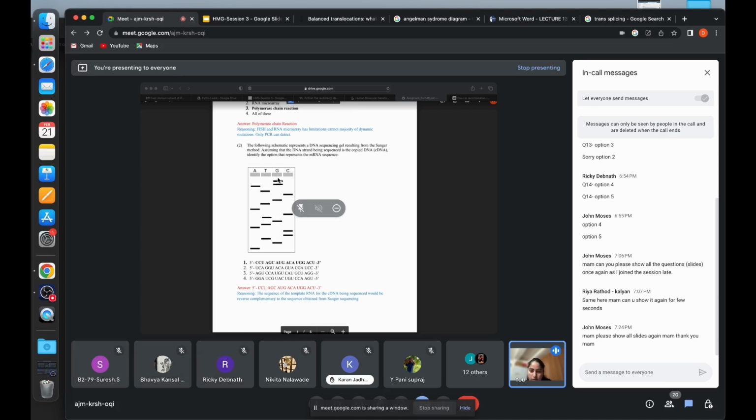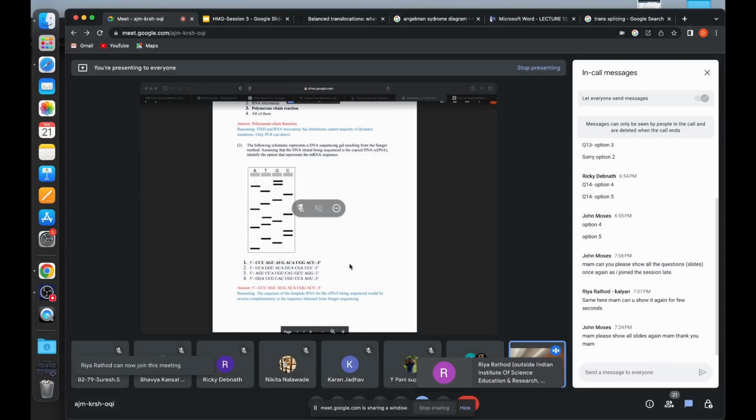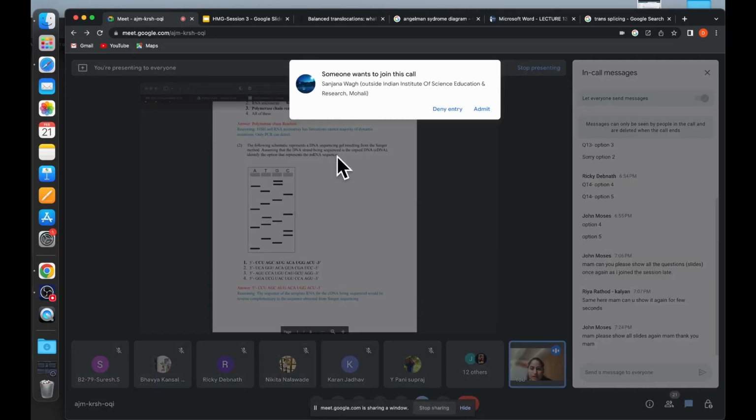When you convert from 3' to 5' into the RNA, since it's complementary, that will be CCU, because it is cDNA and you have to represent the mRNA sequence.